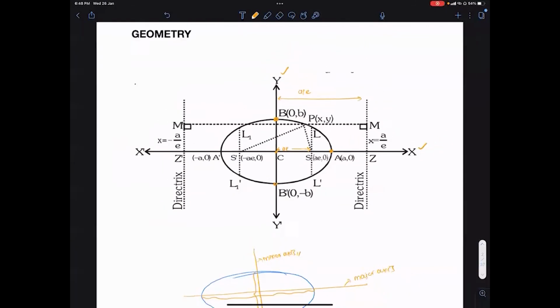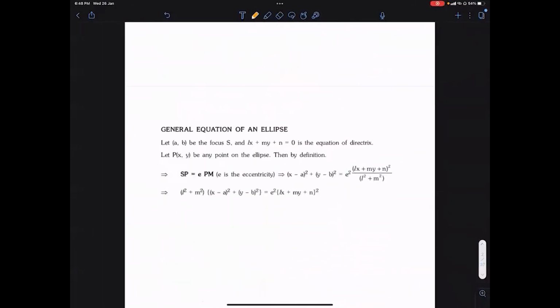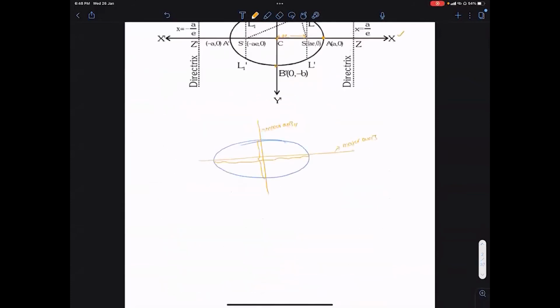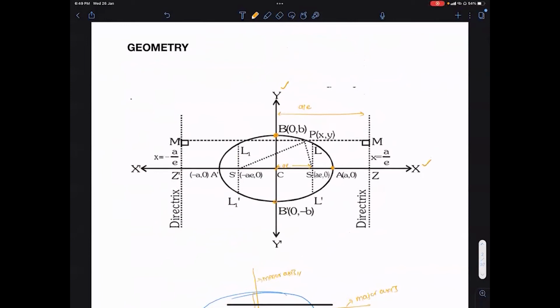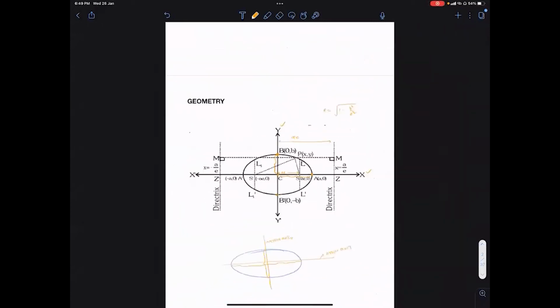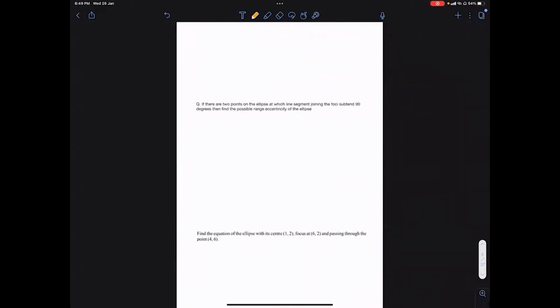Eccentricity of the ellipse is given by the square root of 1 minus b square by a square, where b is the semi-minor axis length and a is the semi-major axis. I'm expecting that you already know these basic formulas.